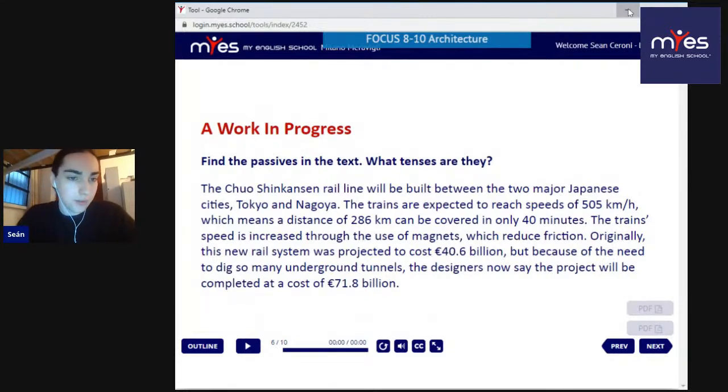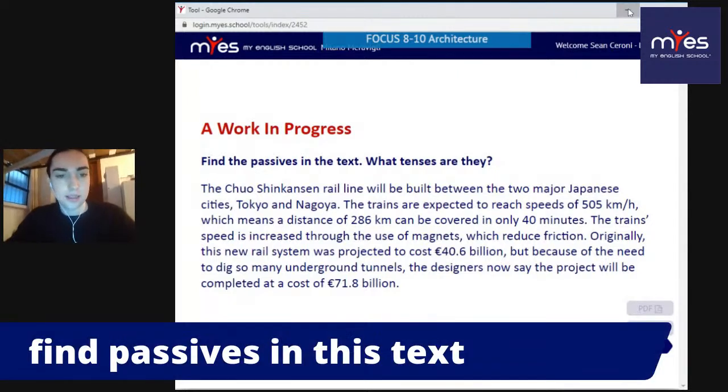So you have a whole new little paragraph, and once again, find passives in this text. $1 million question. I will read through this one. The Chuo Shinkansen rail line will be built between the two major Japanese cities, Tokyo and Nagoya.